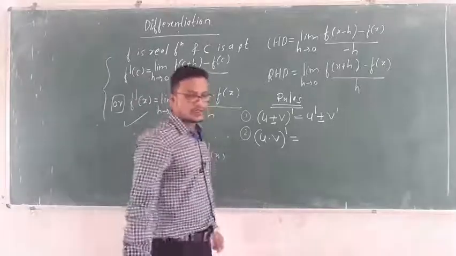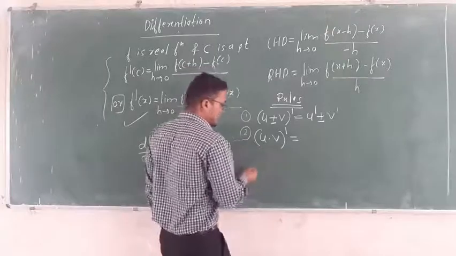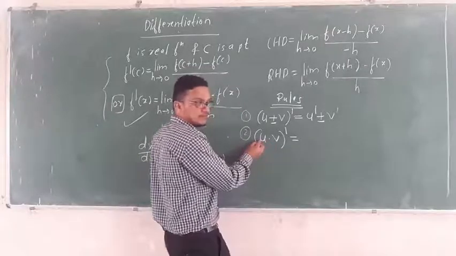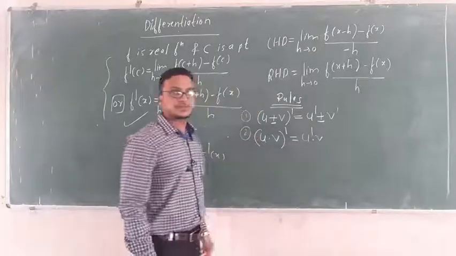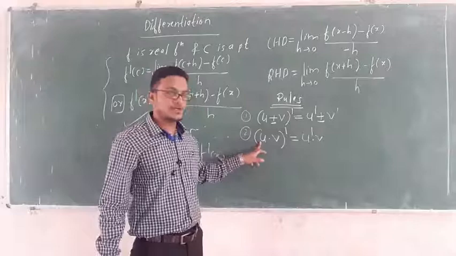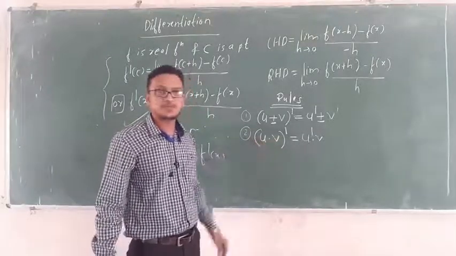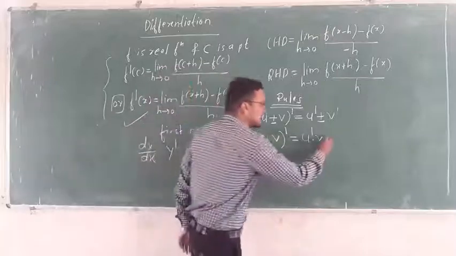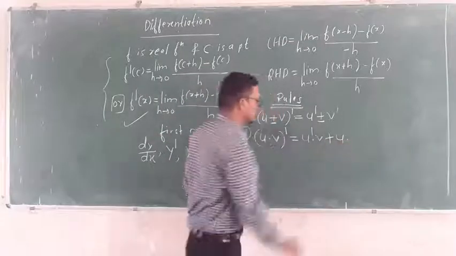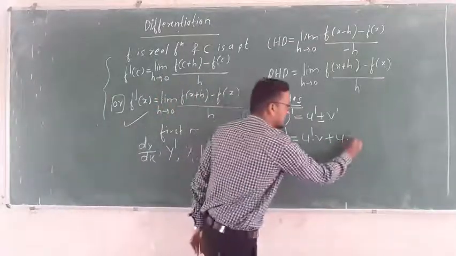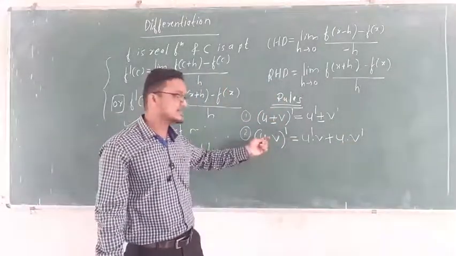Now how is the product rule given? You write the derivative of the first function, that is u dash, into the second function constant, that is u dash into v, plus the first function constant into the derivative of the second, that is v dash. And this rule is called the product rule.